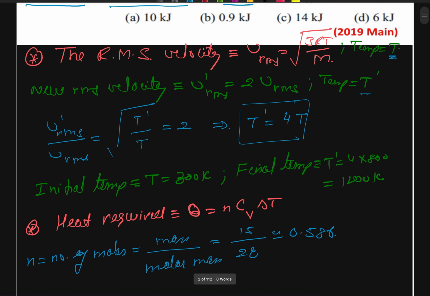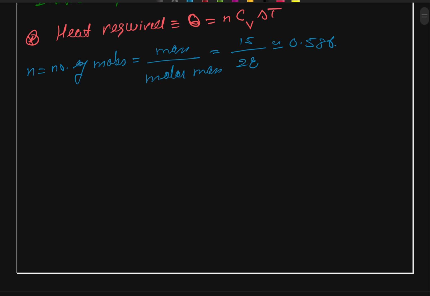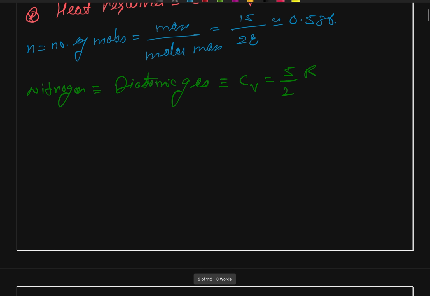And the gas given to us is nitrogen. So we know that nitrogen is diatomic. It is a diatomic gas. Therefore, as the vessel is closed, we can write our Cv will be equal to 5/2 multiplied by R. And delta T is our difference in temperature.